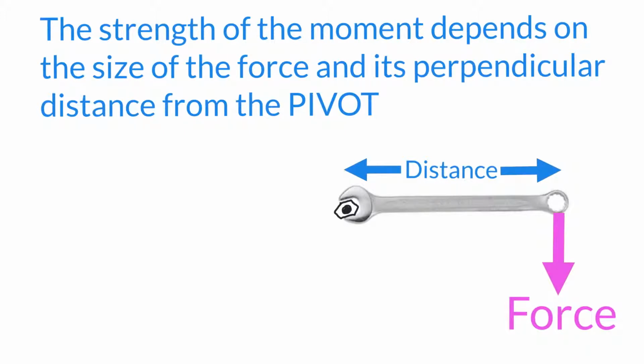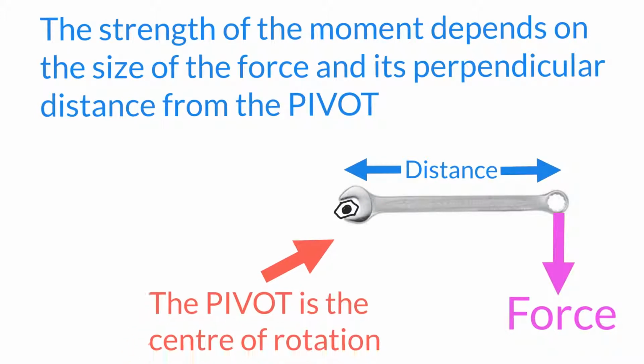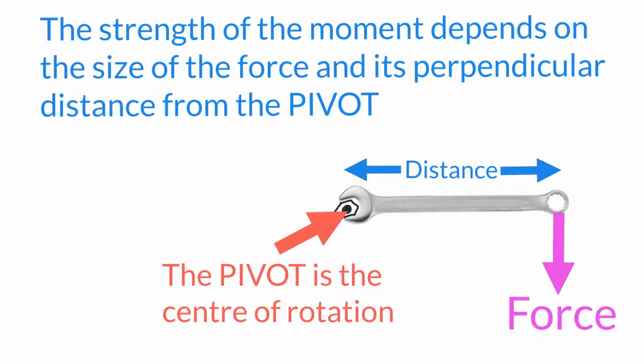And we measure to the center of rotation, and we call that the pivot. So the center of where the spanner can rotate about is called the pivot. And we're always interested in how far that force is from that pivot, because that's what gives us the strength of its moment.